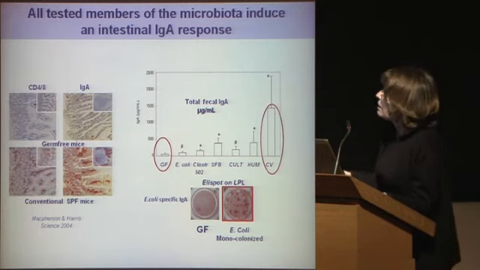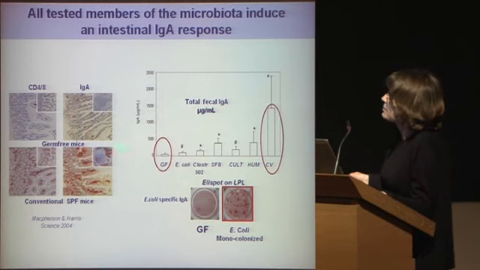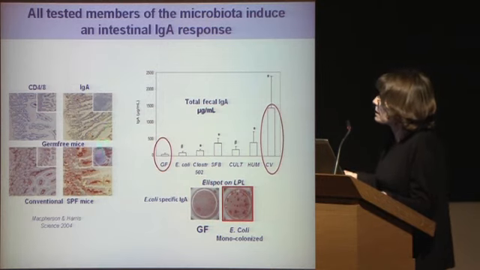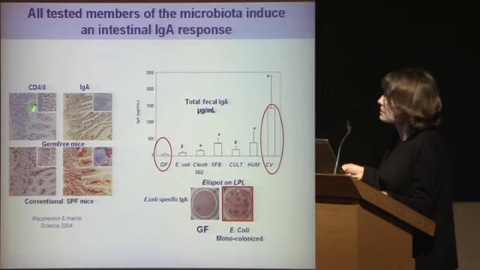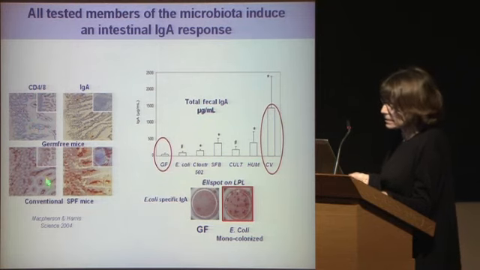Besides inducing a humoral response, the microbiota induces the appearance of T cells in the intestines. The question we had when we started this work was what the nature of the T cell response to the microbiota was.